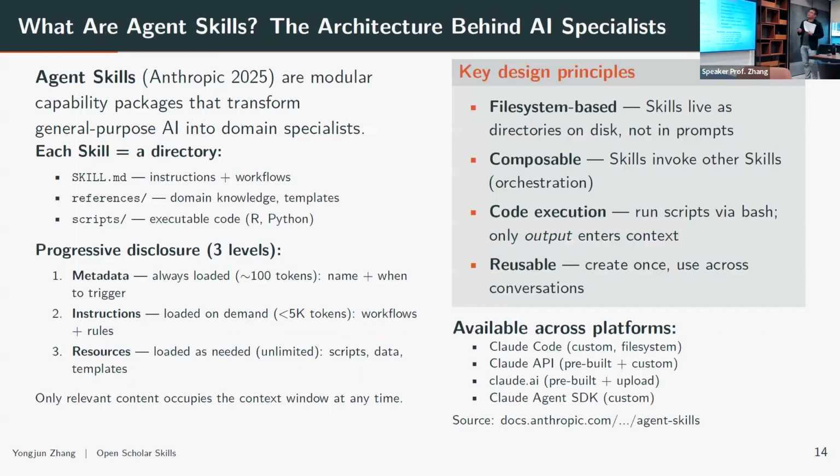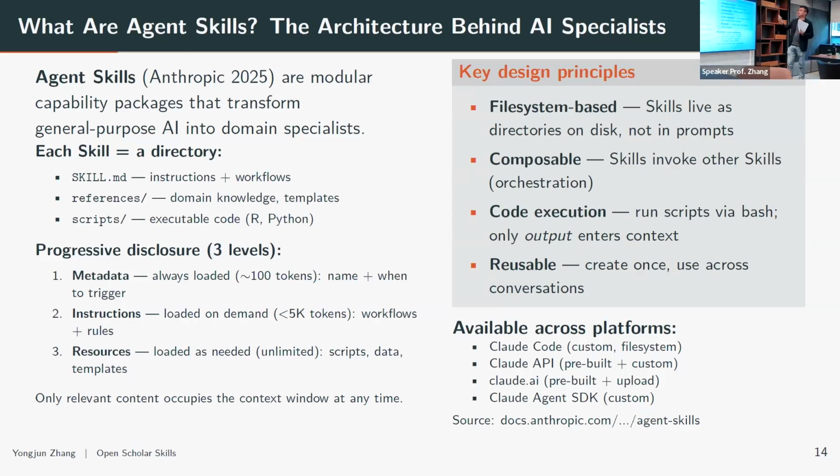So what are agent skills? These are general-purpose AI agents, but for social science research we are dealing with domain-specific tasks. That's why we spend a lot of time developing AI agent skills. Anthropic released these modular capability packages that transform general-purpose AI into domain specialists.